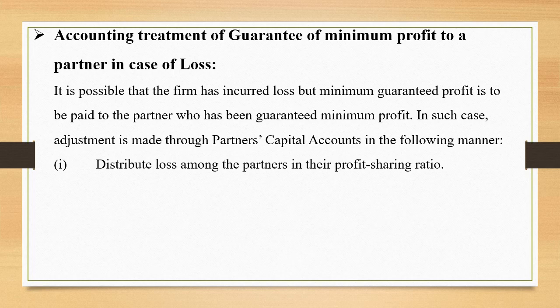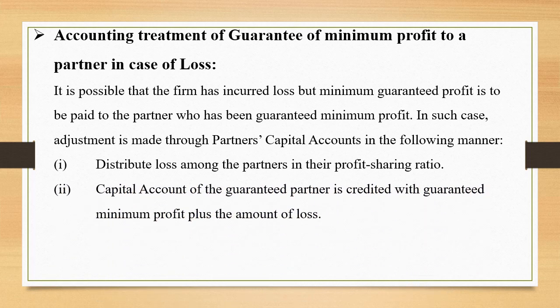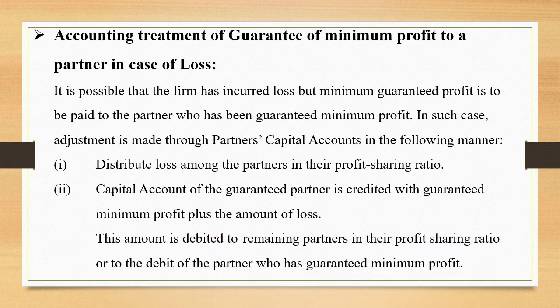Distribute the loss among the partners in their profit sharing ratio, and then the capital account of the guaranteed partner is credited with the guaranteed minimum profit plus the amount of loss. Now, the total amount is debited to the remaining partners in their profit sharing ratio or to the debit of the partner who has guaranteed the minimum profit.